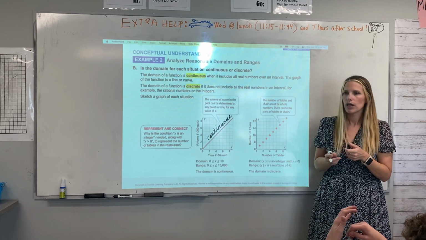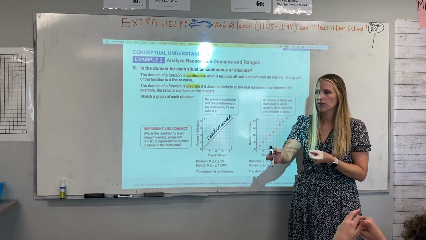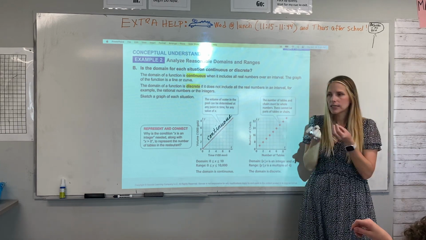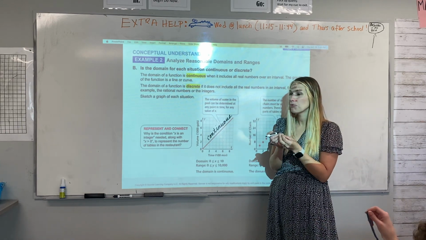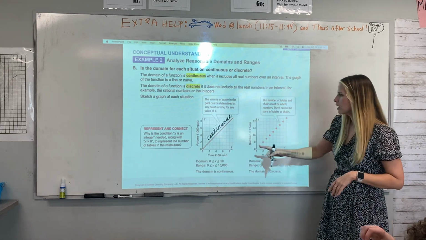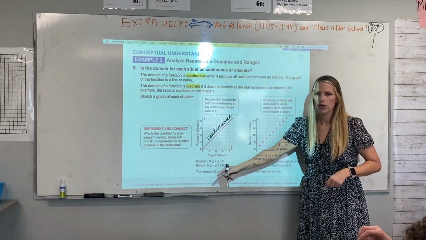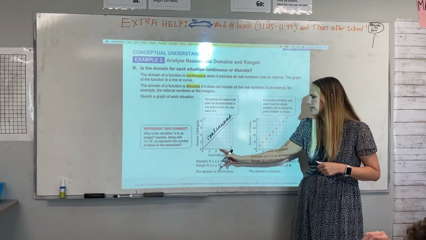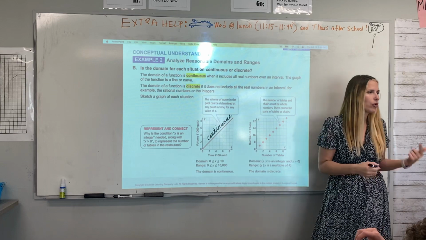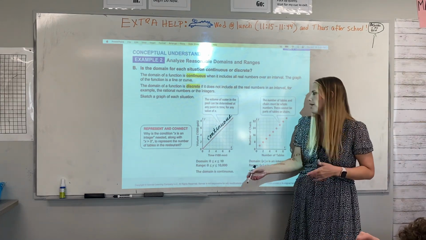It's talking about a continuous flow of water in between all those minutes too. Those tenths of a second, those hundredths of a second. Boys, if you could pay attention, that would be great. So we have a continuous domain because the time is continuing. It's not just hopping from minute to minute.